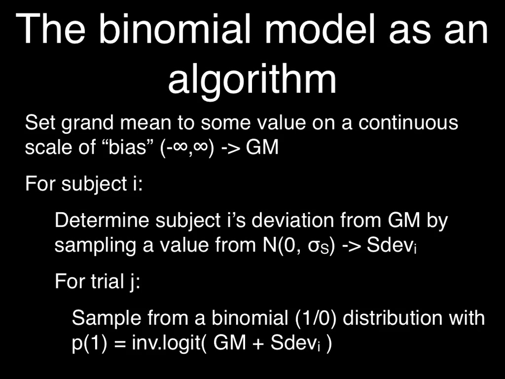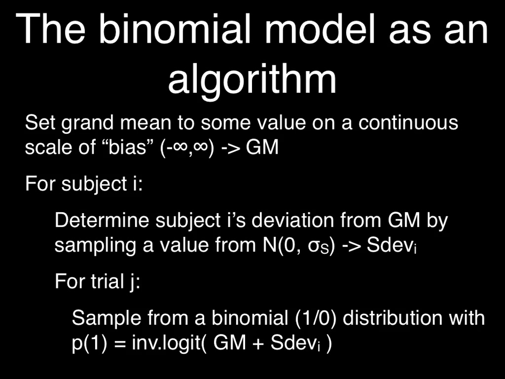The general idea here is that we're converting log odds into probabilities. So we're saying the probability of 1 is specified by this transformation from the bias scale to a probability scale. And then once we've got that probability, we then sample from the binomial distribution with that given probability.